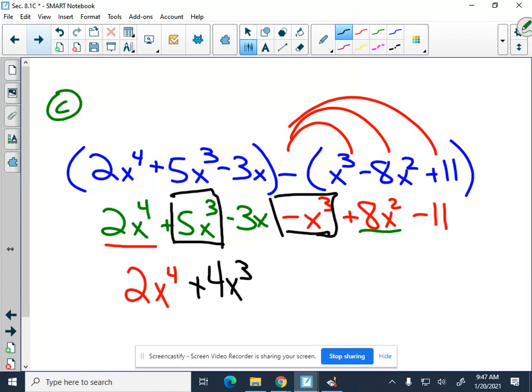Then we have an 8x squared. Then a minus 3x. And a minus 11. We end up with 5 different terms when we're done. Polynomial, many terms on it. Or a 5-term nomial.